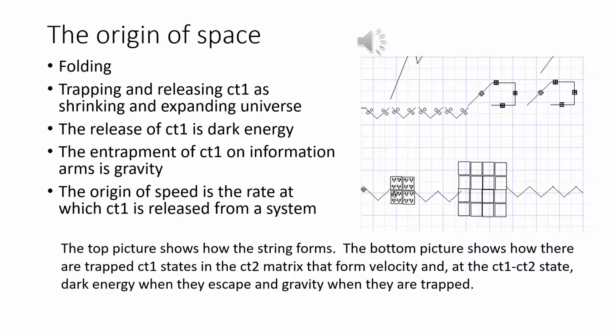In transitioning from non-dimensional space to one-dimensional CT2 states, which we call photons, or the point particle value of the wave-particle duality, which is the photon-wave appearance from our point of reference, you take a non-dimensional state and give it dimension, which we would call dark energy. The string straightens up or becomes unknotted. Each release of CT1 is velocity as well.